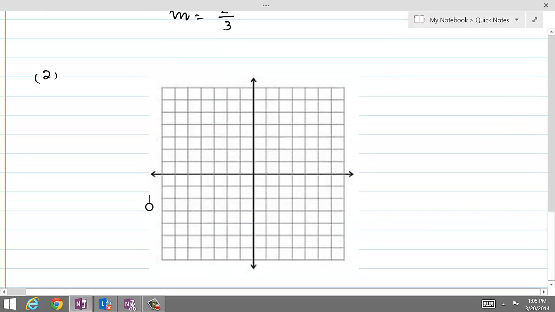For this grid, we are given slope m equal to minus 3 over 7. The negative sign in front of this fraction should go either to the numerator or to the denominator. Let's take it to the numerator, so we take minus 3 over 7.